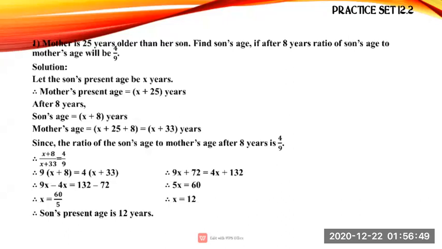If after 8 years, what will be the ratio of the son age to the mother age? It will be 4/9. So here how we are going to start it?